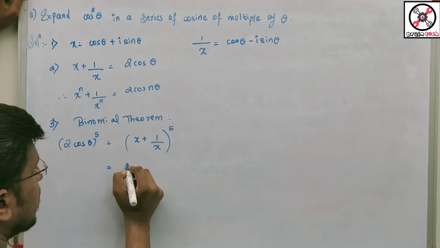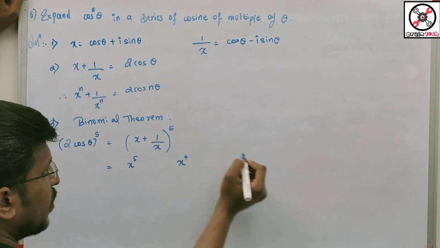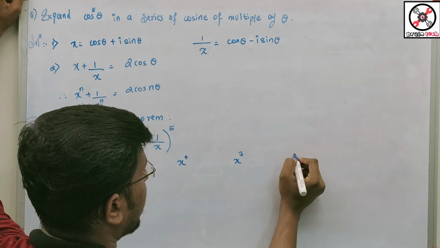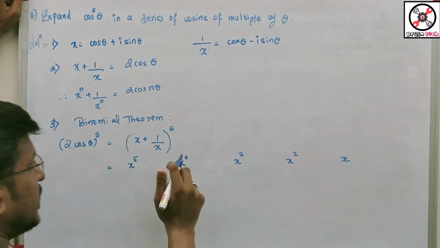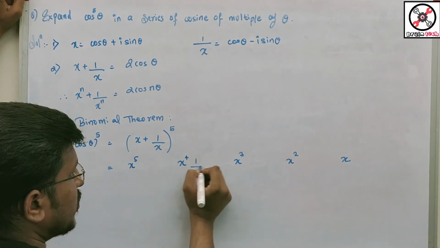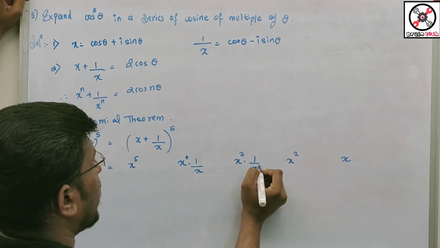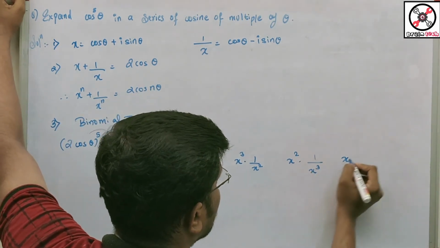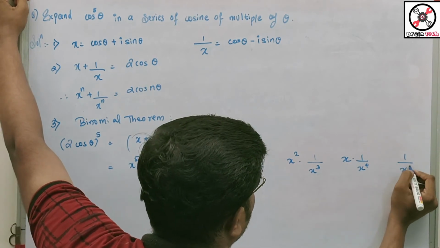It is x raised to 5, then x raised to 4, then x cube, then x square, and x. The second value will go on increasing; the first term you have to skip, and write it from the second place: 1 by x, 1 by x square, 1 by x cube, 1 by x raised to 4, and 1 upon x raised to 5.